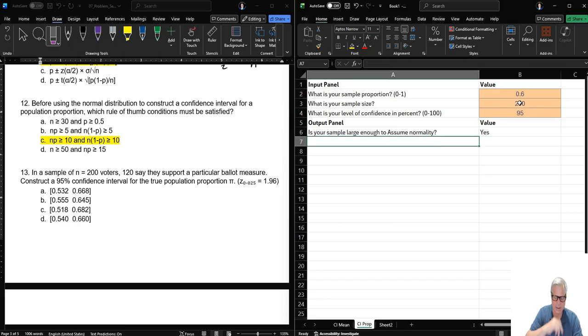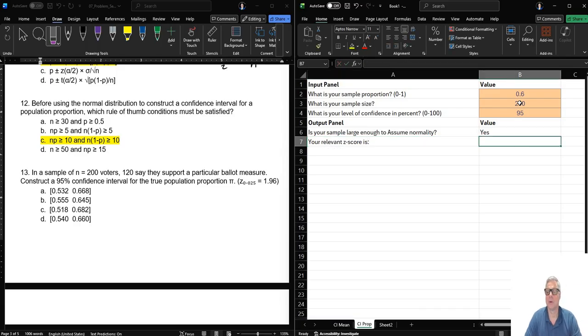Okay, so the next thing is we have to say your relevant z-score is. Okay, so that's easy because now we don't have to distinguish between the normal and the t-distribution.